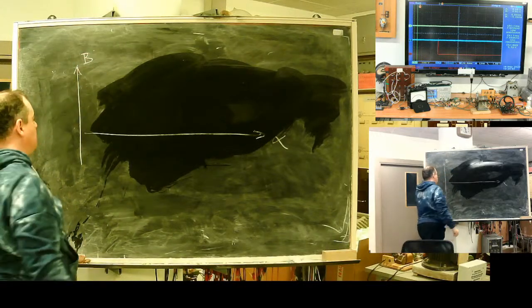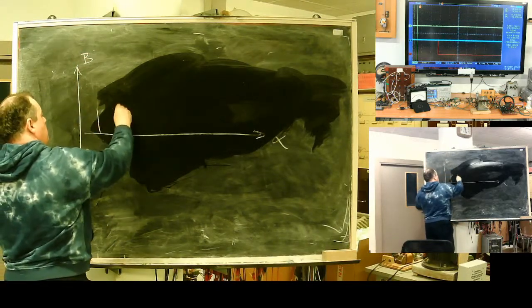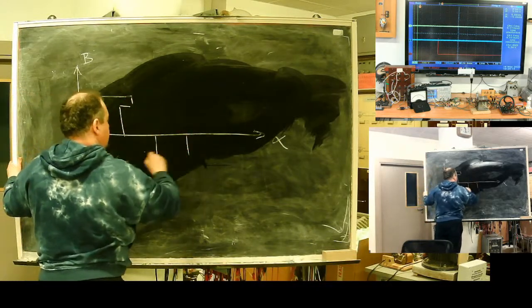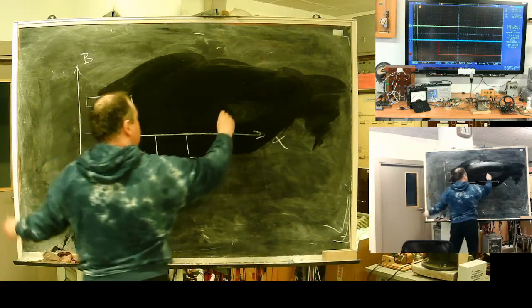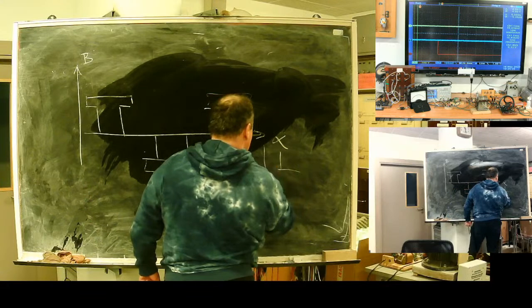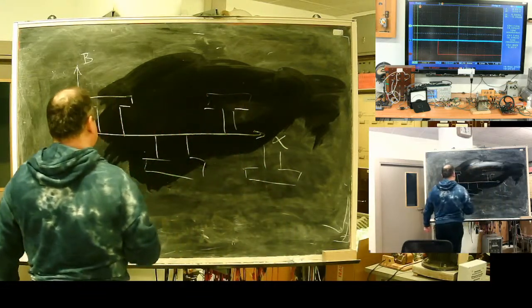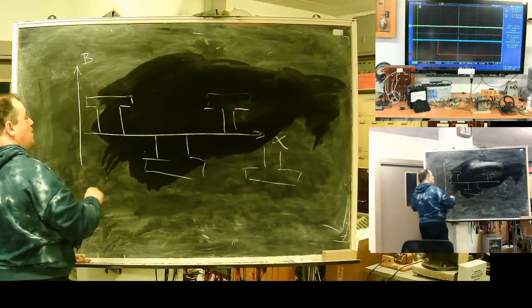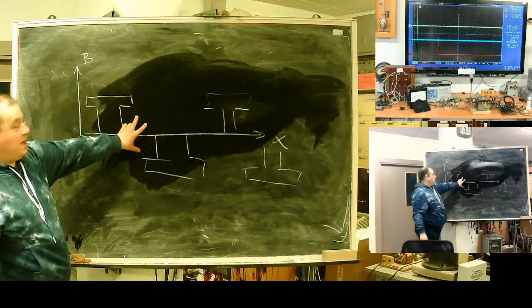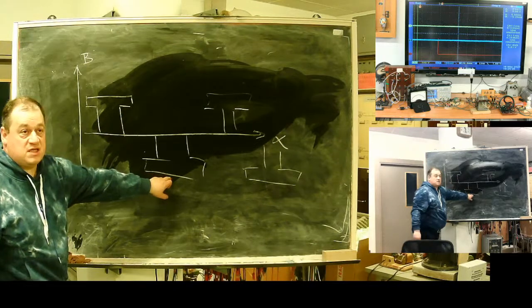What will I see? 1, 2, 3, and here somewhere 4. Problem. See, this distance is smaller than from this point to this.